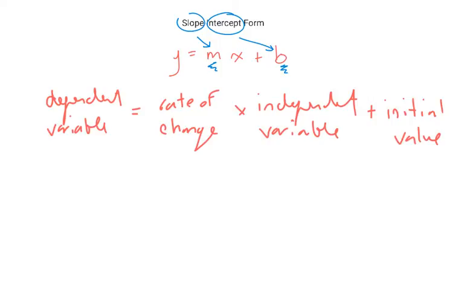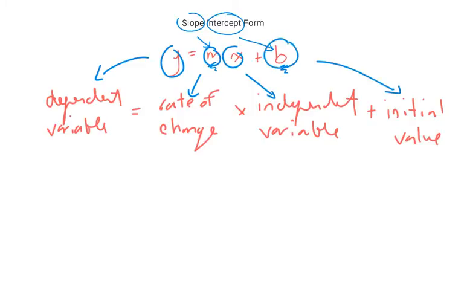In this situation, y is the dependent variable, m is the rate of change, x is the independent variable, and b is the initial value.